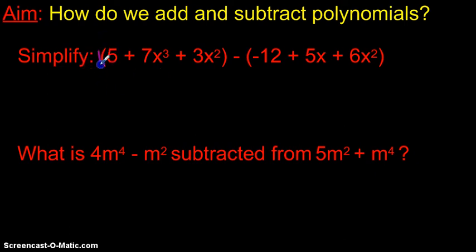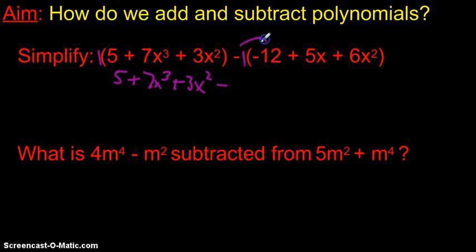Again, there's essentially a 1 here, and there should be a 1 here, and this is where everybody makes a mistake. They just take them out of the parentheses, because in addition problems you can. But I don't recommend you do that. I recommend you understand it. If you understand it, you're really supposed to be distributing. 1 times this is going to stay the same, so that's 5 plus 7x to the third plus 3x squared minus, we're actually going to distribute the negative 1.